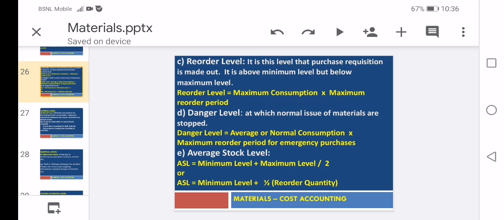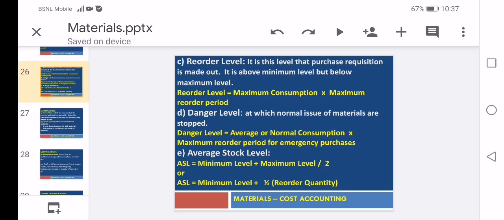Next one is danger level, at which normal issue of materials is stopped. Means this is also one level of stock which is not only giving an alarm but also stops the supply of material from the godown to the production units. It is computed with average or normal consumption into minimum reorder period for emergency purchases.